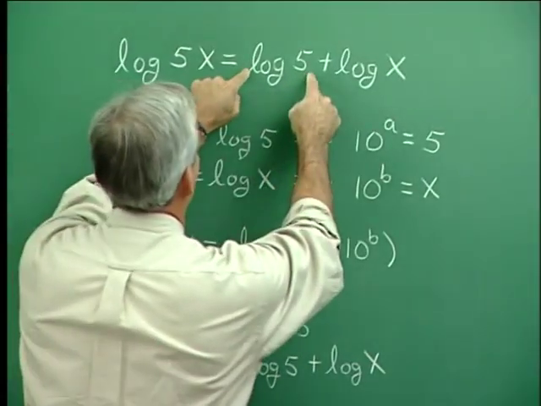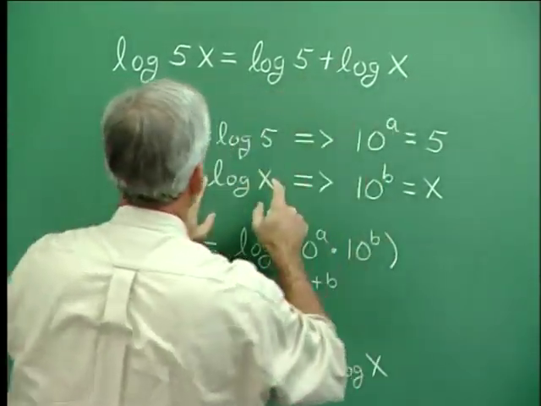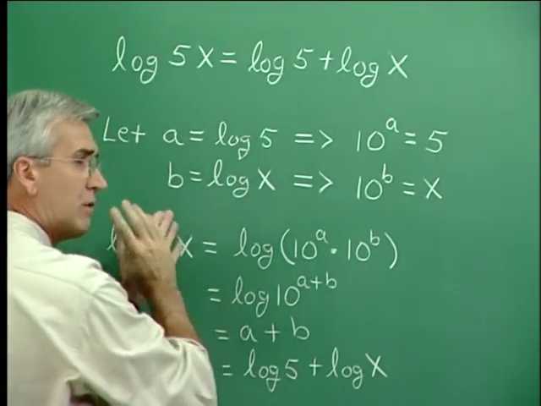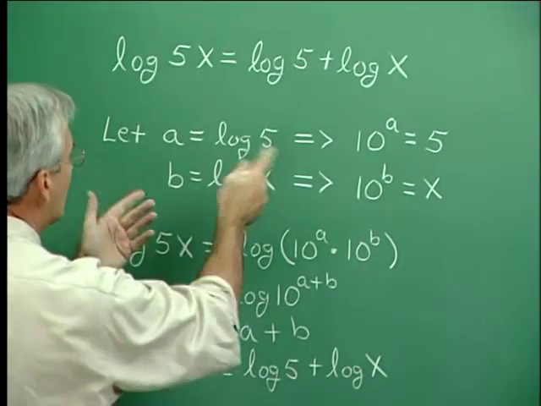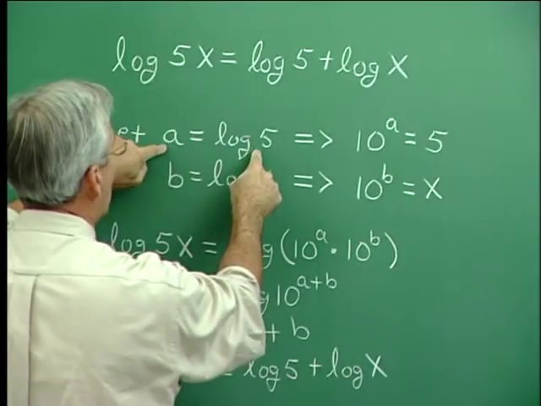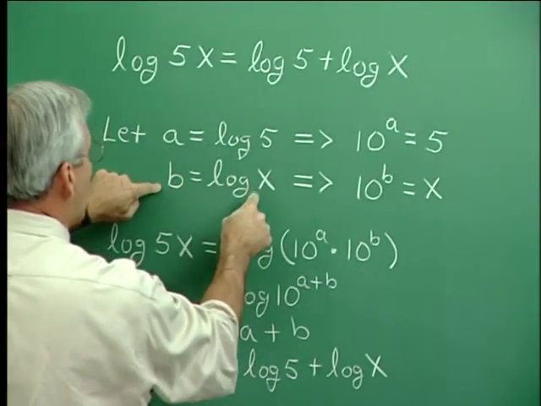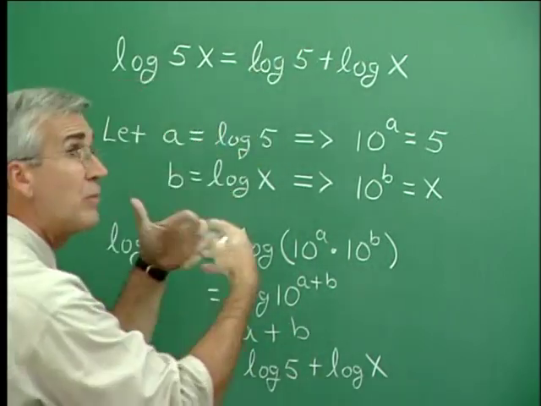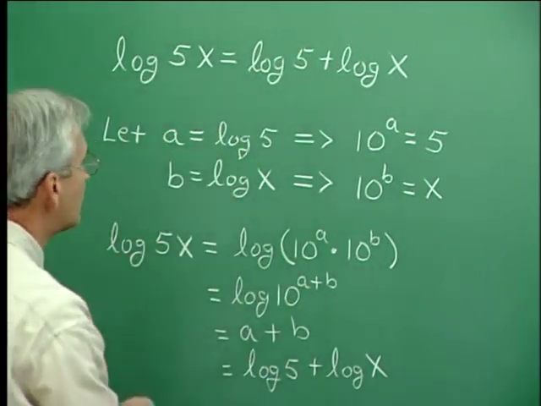Suppose we just let log 5 and log x have a relationship to a variable or to a letter. I'm going to let a stand for log 5 and b stand for log x. Now that allows us to change each of these to an exponential form. That's the purpose of doing this.